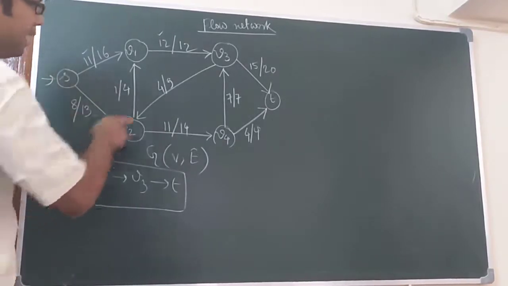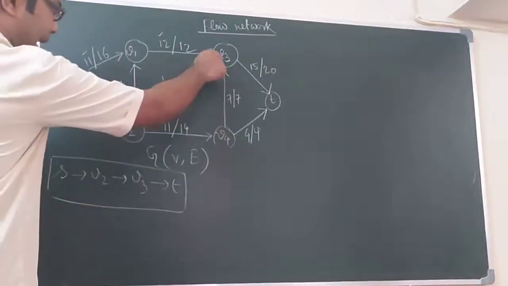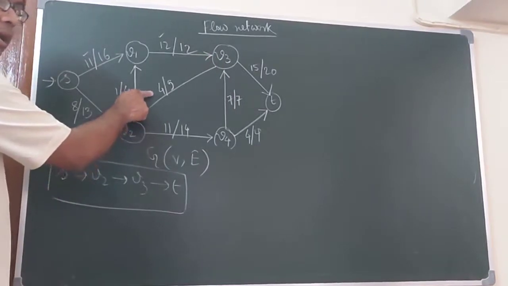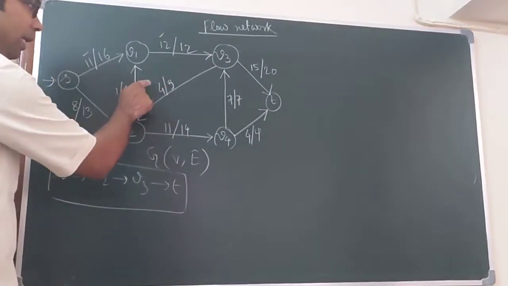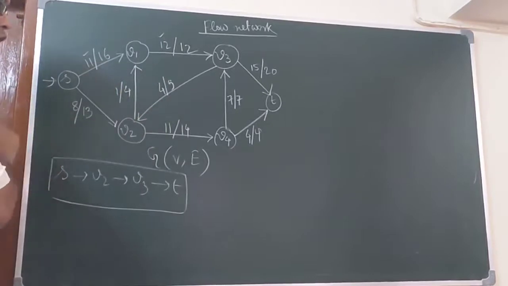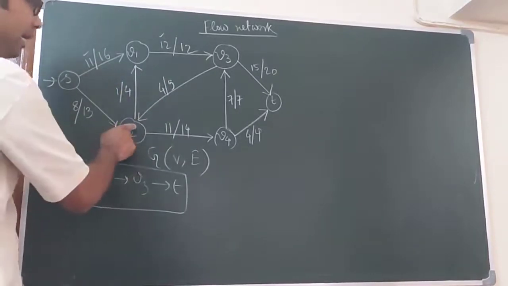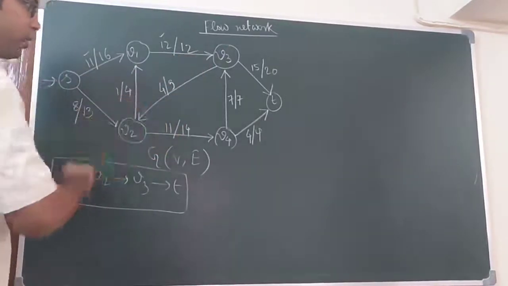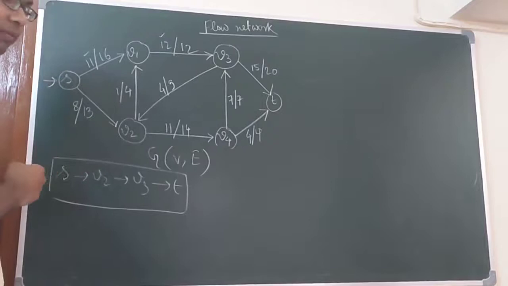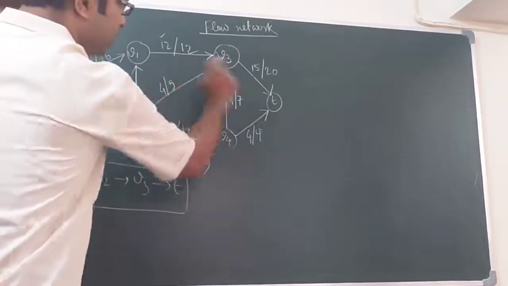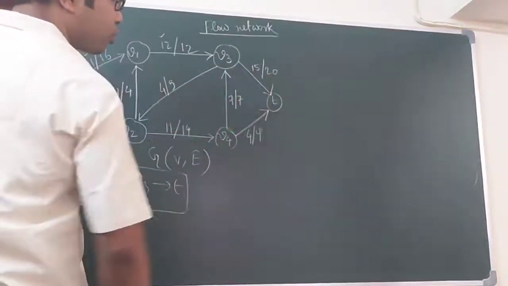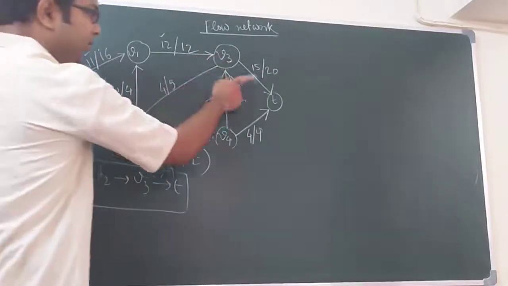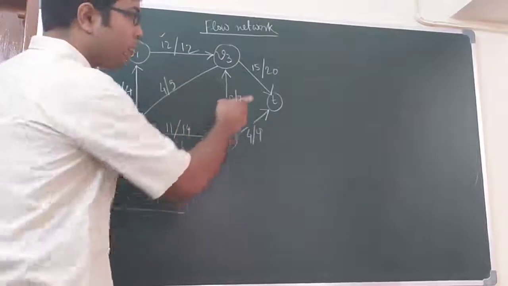Then for V2 and V3, the direction of the edge is V3 to V2, with capacity 9 and flow 4. So we can increase the flow in this edge by 9 minus 4, that is 5. Then V3 to T, the capacity is 20 and the flow is 15, so we can increase V3 to T by an amount 5.